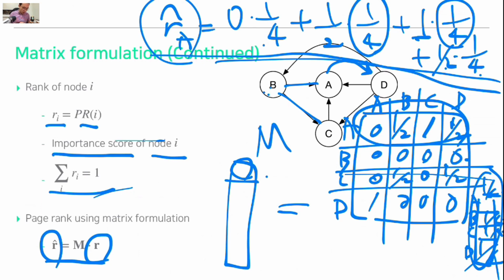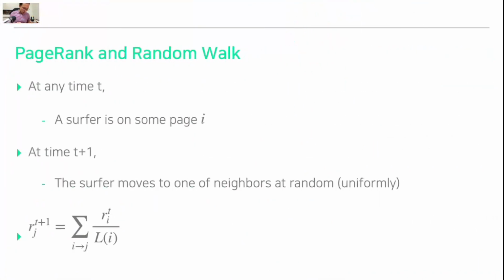This is one matrix computation, and now we have the R hat. We can consider the time information. So at the time t, let's assume that the PageRank computation is just served for the random jump.